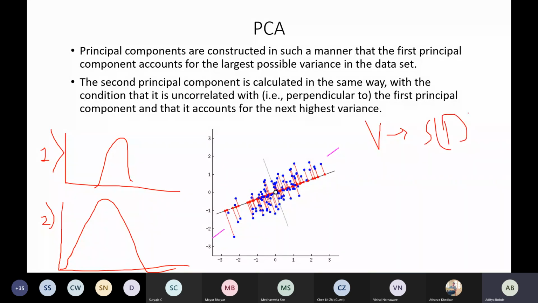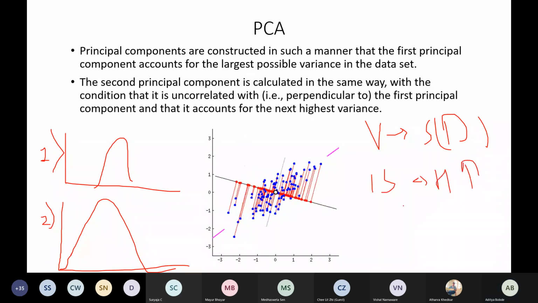Whichever is more scattered, its variance is high. Is it good to have a high variance or low variance?